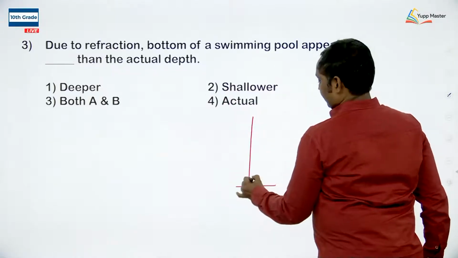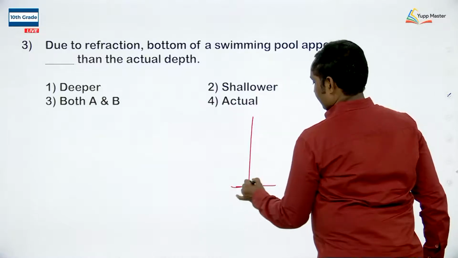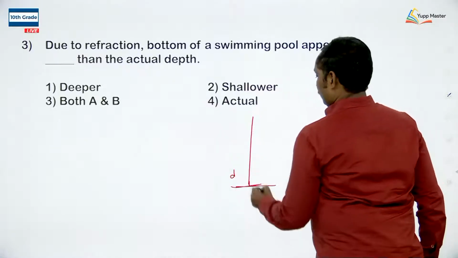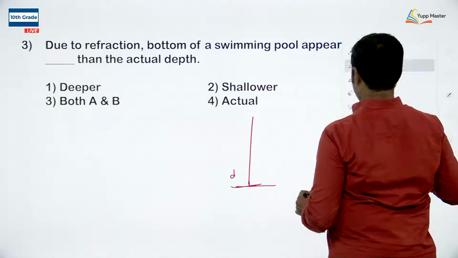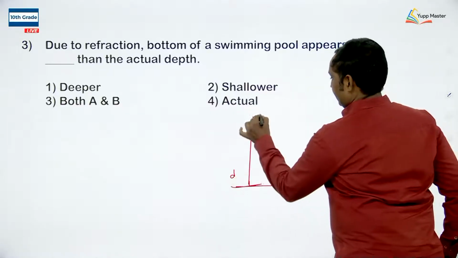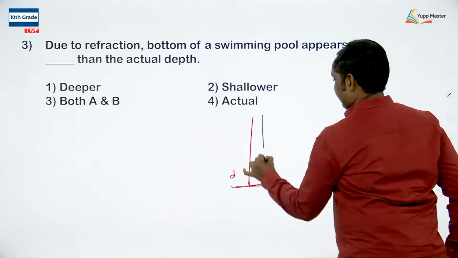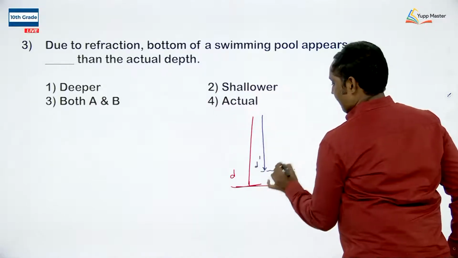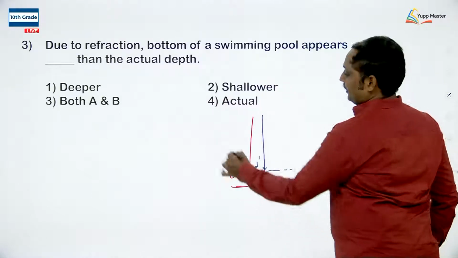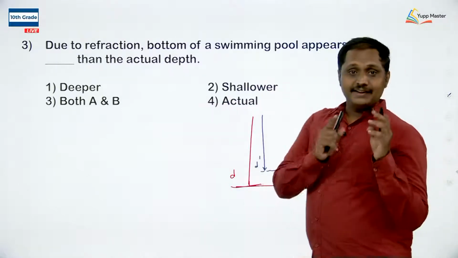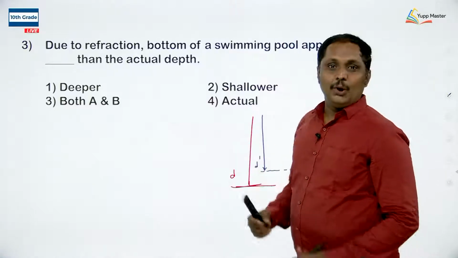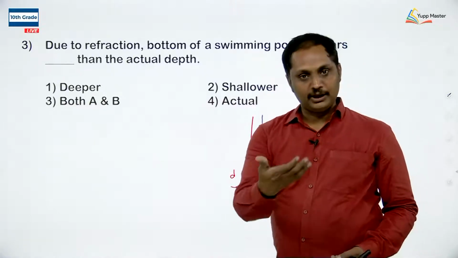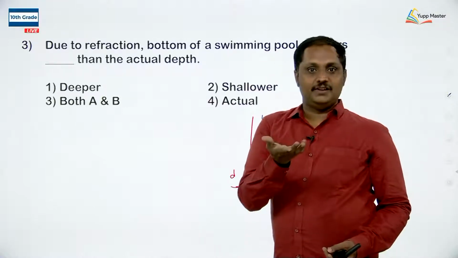Here, this is the actual depth d, and this is d dash. So, d is the actual depth and d dash is the apparent depth. Due to the refraction, the bottom of the swimming pool is going to be raised.